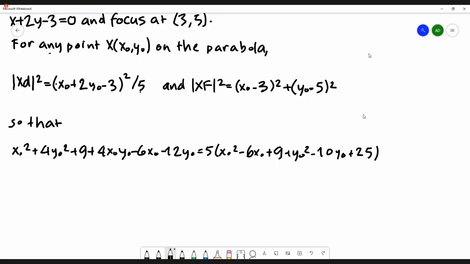But (x0, y0) is an arbitrary point on the parabola.